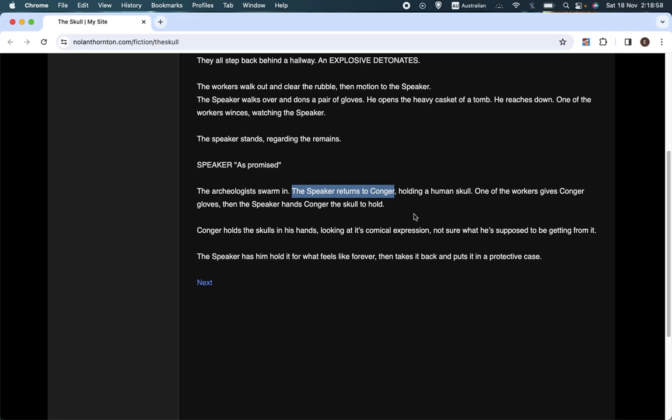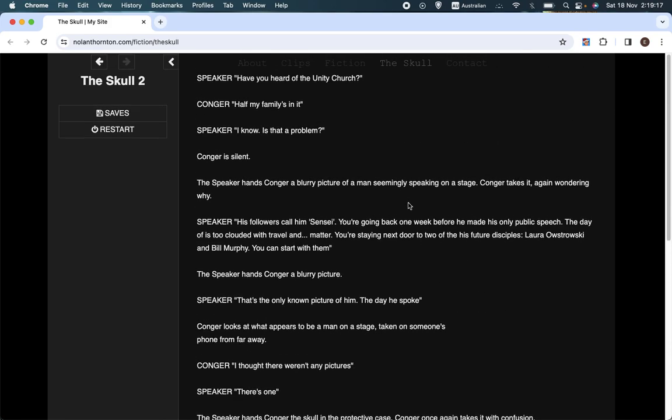It doesn't say the speaker turns to you, or the speaker returns to Conga holding a human skull. Normally it'd say the speaker returns to you holding a human skull. One of the workers gives you gloves, etc. I don't have a big problem with that. I just thought I'd mention it. But it seems like within a few clicks you are actually doing the job.